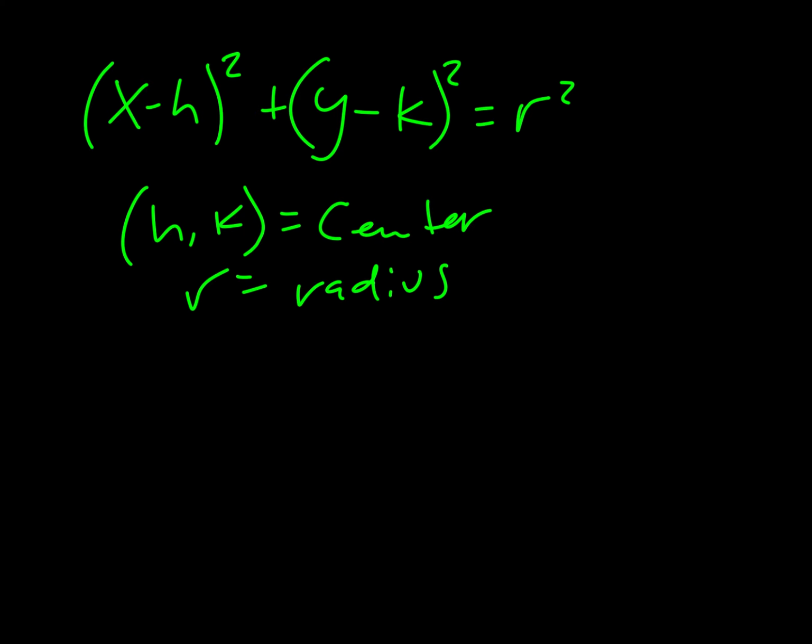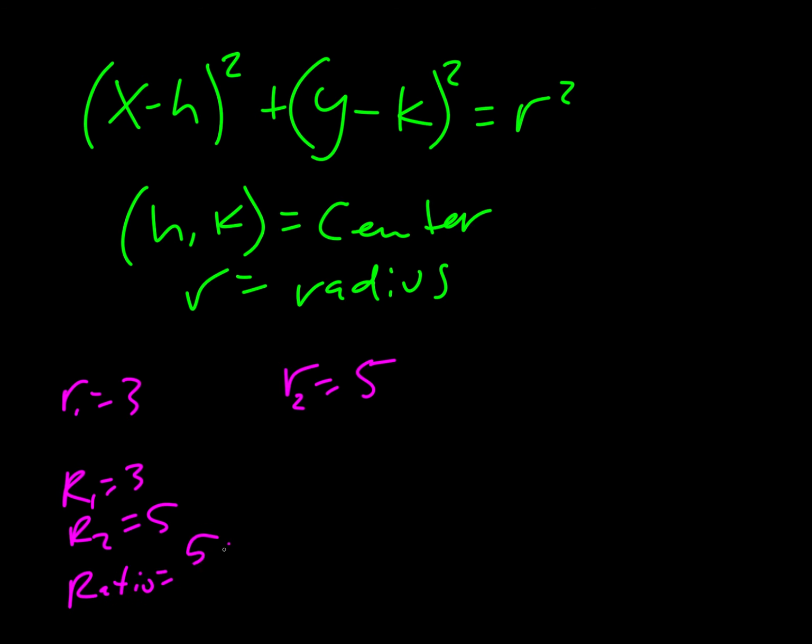So if we're given a circle with radius 3 and another circle with radius 5, the first radius, second radius, compare the ratios of the two radii. So we have R1, R2, and then ratio, I'm going to do 5 over 3.